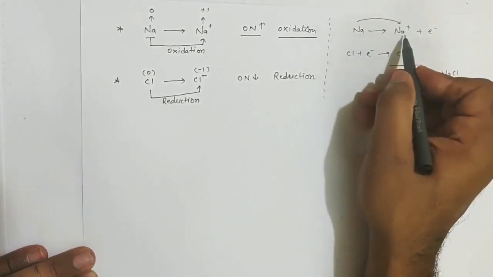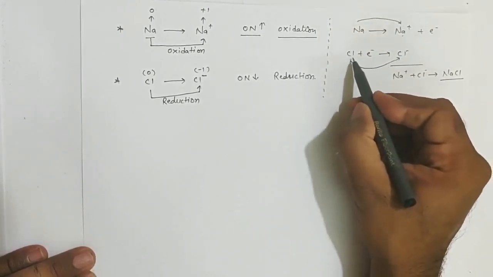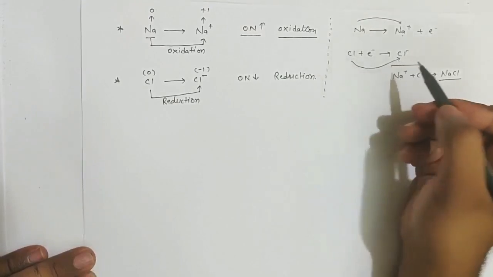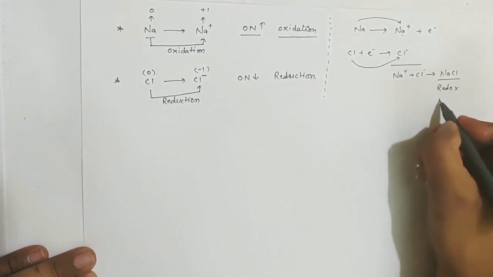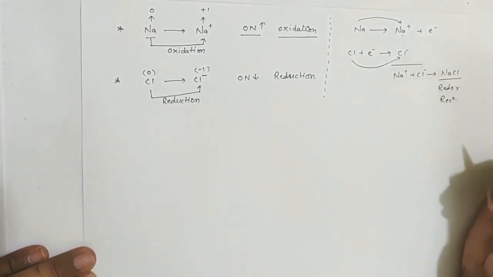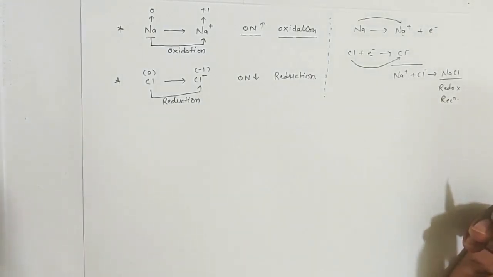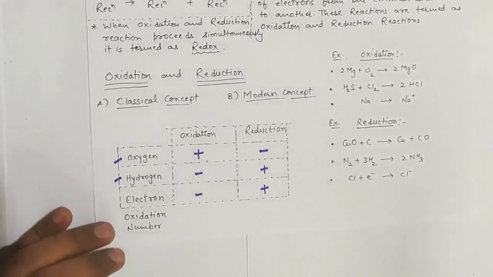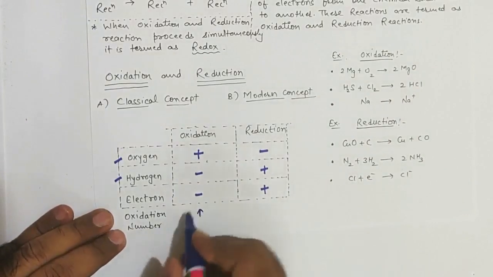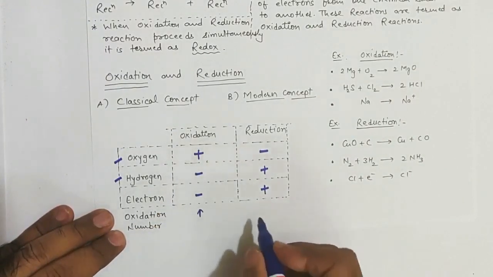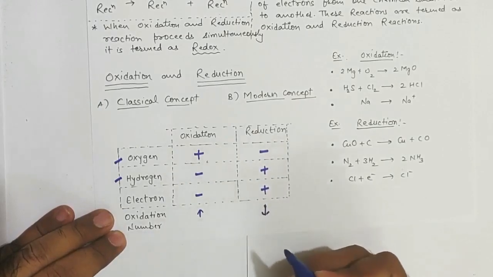Sodium is oxidized to sodium cation, and there is a reduction process as well. The chlorine atom has been reduced to chloride ion. So the formation of NaCl is an example of a redox reaction. So now we can conclude that if there is an increase in oxidation number, the process will be oxidation, and if there is a decrease in oxidation number, the process will be reduction.